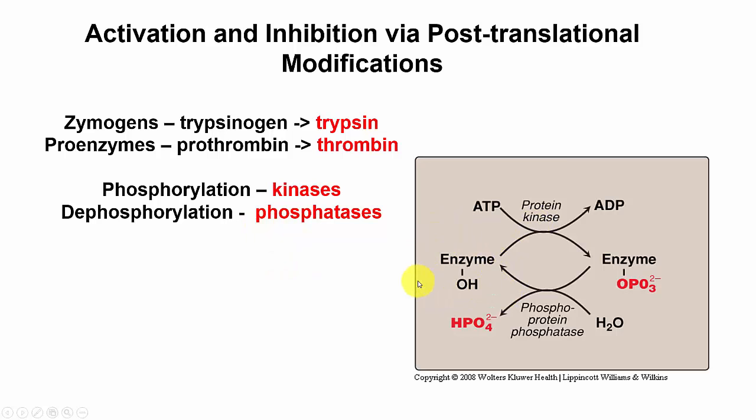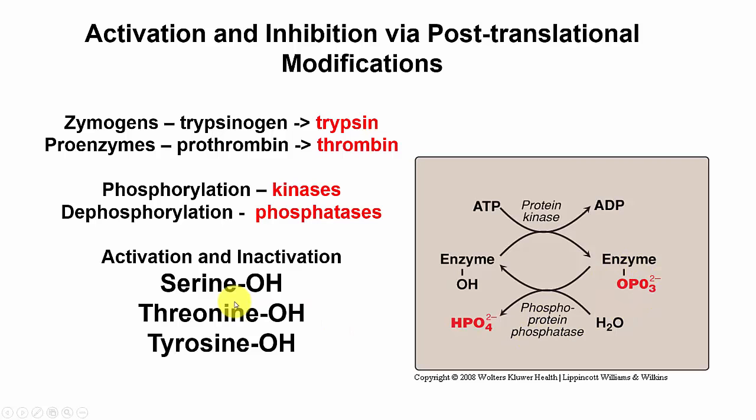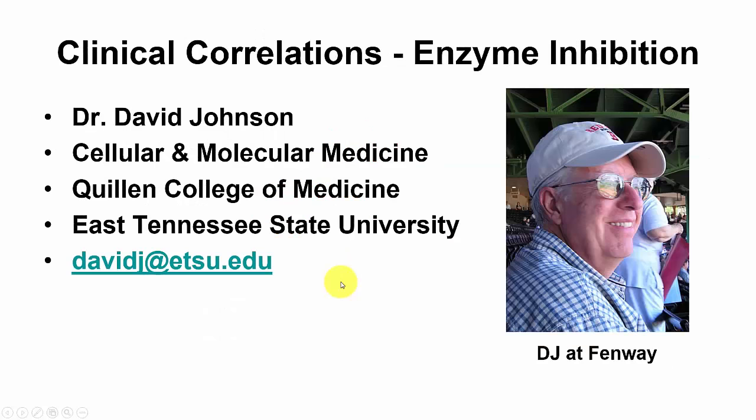So here's an enzyme that, with ATP, protein kinase puts a phosphate on there, and then we have a phosphoprotein phosphatase that takes that phosphate off. You can get activation or inactivation, and since it has to have a hydroxyl group, the enzyme can have a serine, a threonine, or a tyrosine. All 3 have hydroxyl groups that can be phosphorylated and dephosphorylated.